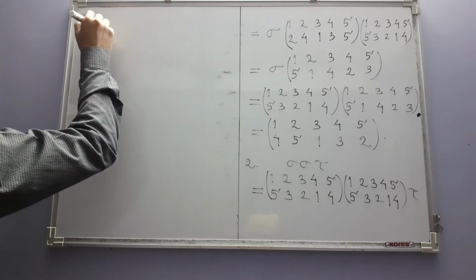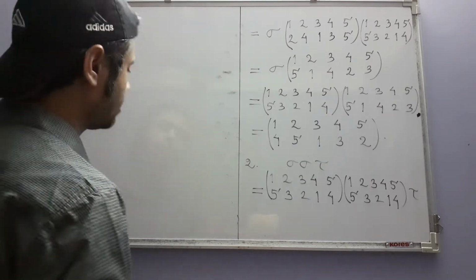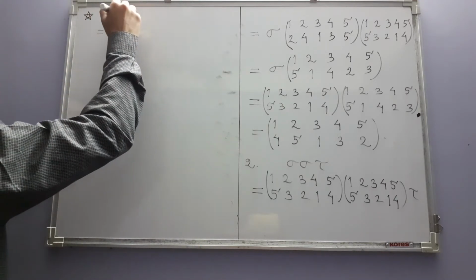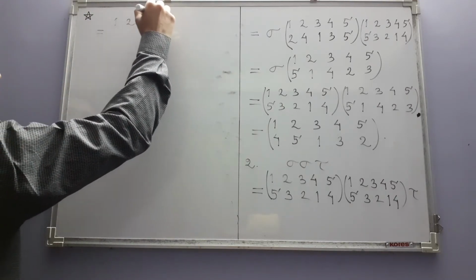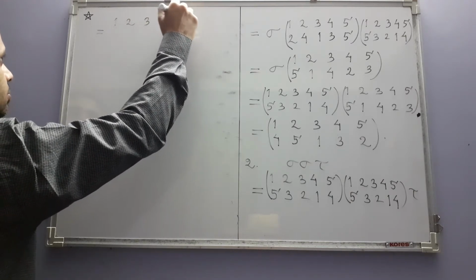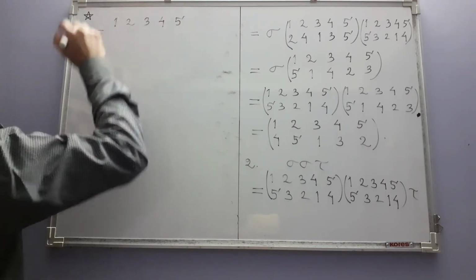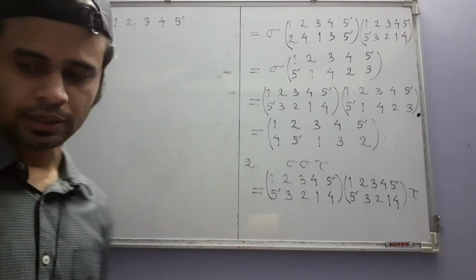So we carefully calculate the first product, 1 2 3 4 5, and I already need ink.